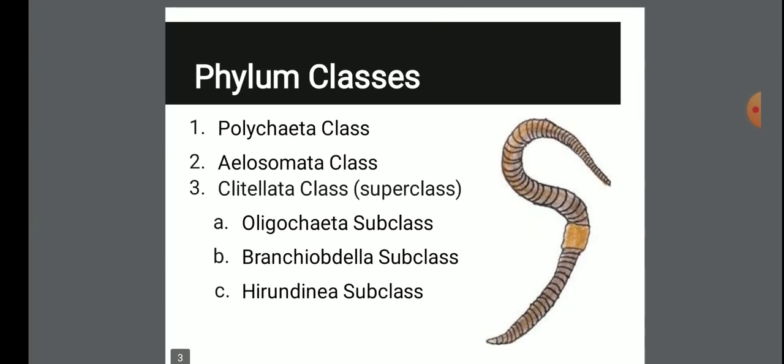This is the first one, classes. The phylum classes: first one, Polychaeta class, then Allosomata class, and the third class is the Clitellata class, that is the superclass.